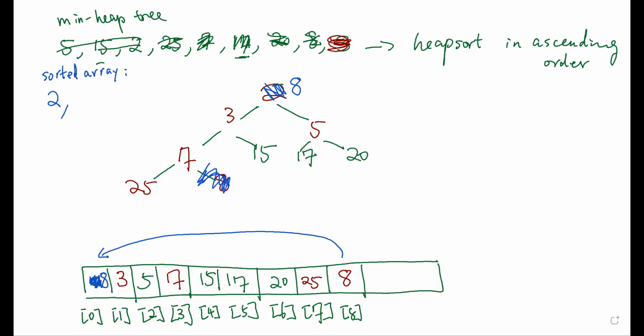Okay, let me erase everything to make it clearer. 8 here. Let's also clean here a little bit. So 8 is here.